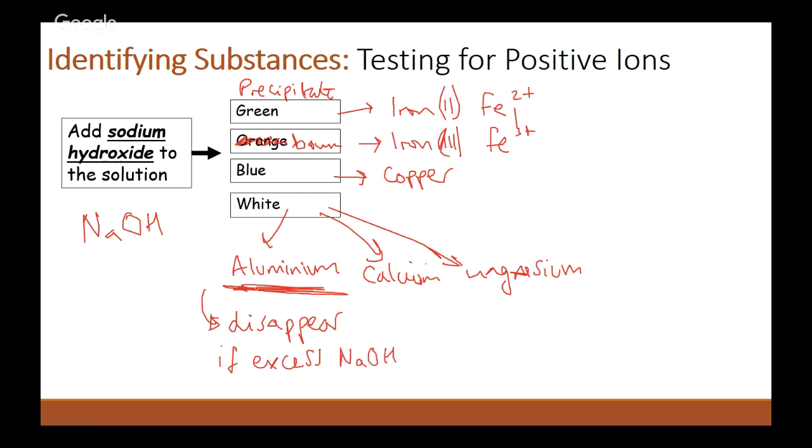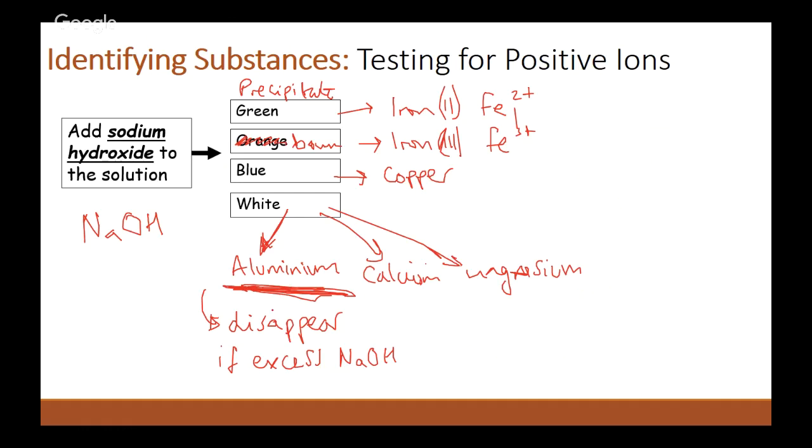The way I remember that is if you say aluminium in the American accent, they say aluminum, and that to me sounds a little bit like a spell in Harry Potter or something like that. If you say aluminum, it will disappear. So that will help you remember, or maybe not, the white precipitate that disappears is aluminum or aluminium.